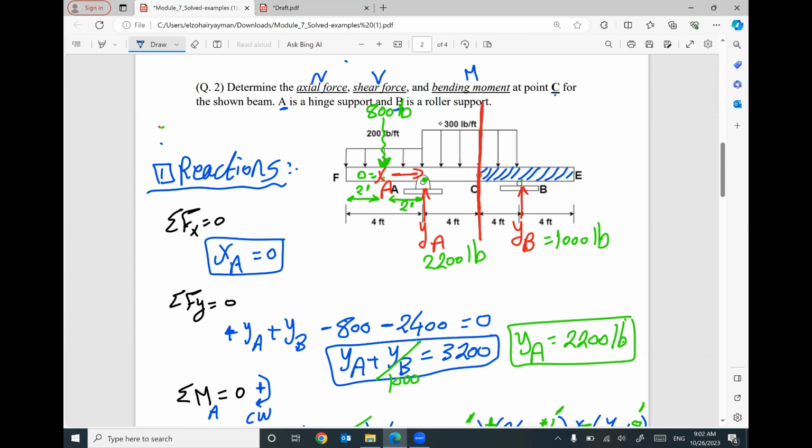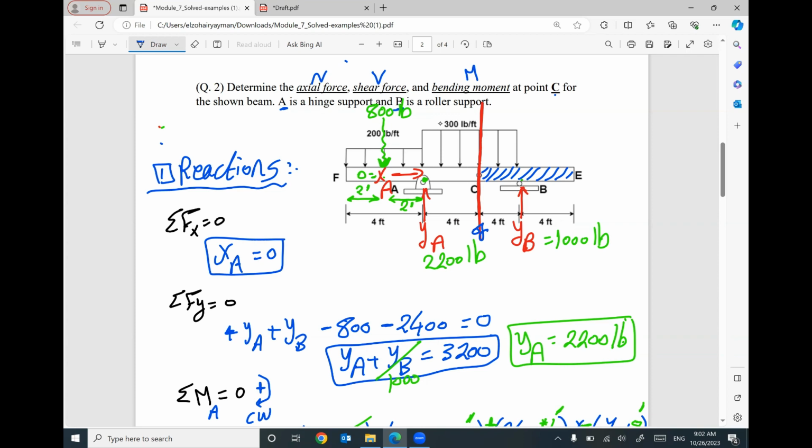Most easy means smaller part, means the part with less number of loads, the part which is not more complicated. That makes sense? Both of them will give you the same answer. By the way, if you decided to use CE, it will be the same if you use the CF. But I do prefer to use the most easy part. So I decided to use the right part.